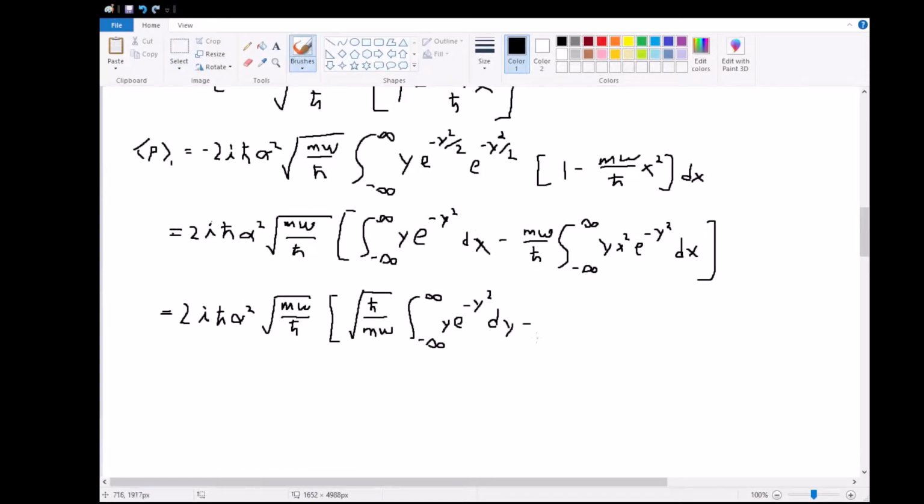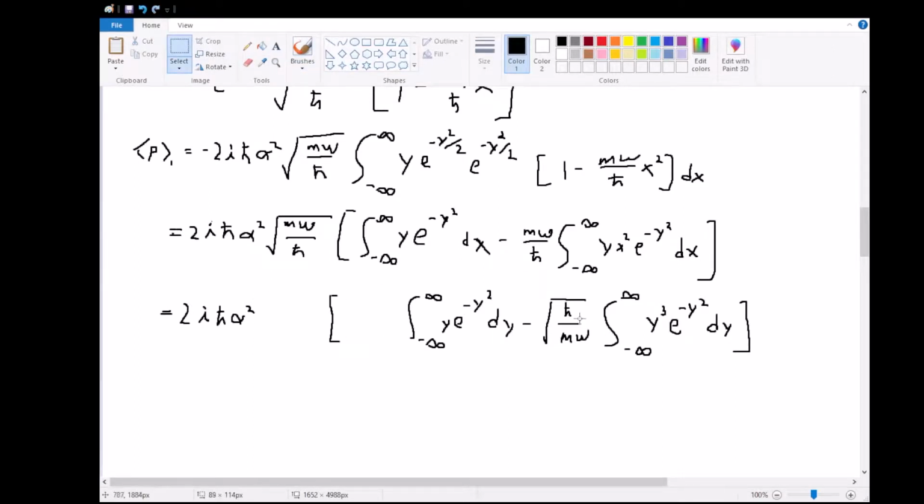So this is equal to minus the square root of h bar over m omega times the integral from negative infinity to positive infinity of y cubed times e to the negative y squared dy. And then we factor out these square root of h bar over m omegas, which cancel with the square root of m omega over h bars. And then we get, finally, this. And then let's move everything over.